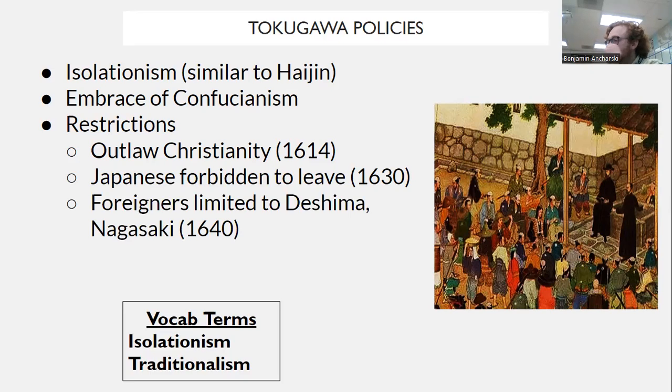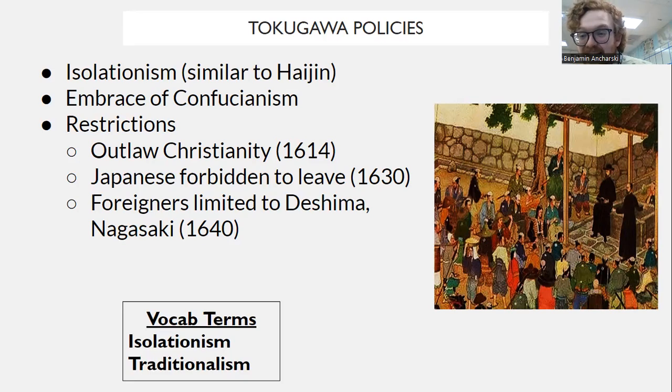But we also do see this heavy restriction of where foreigners can be in Japan. And we do see the restriction of where foreigners can live and work in Japan. We do have the system of regulating foreigner trade to a specific island in the harbor of the city of Nagasaki.